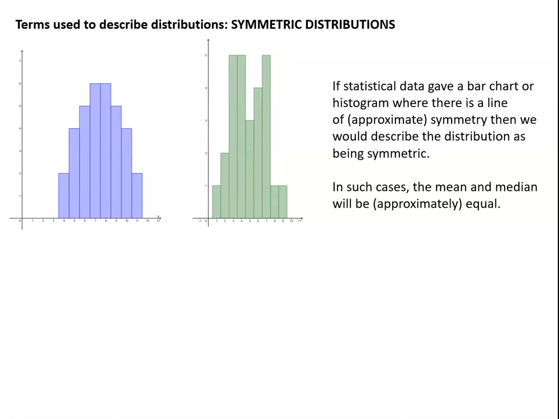So the blue one we would certainly say was a symmetric distribution, and we'd probably say that the green distribution that we've got there is approximately symmetric. When we've got distributions which are symmetric, the mean and the median will be the same value, and if they're approximately symmetrical, then the mean and the median will be approximately equal.